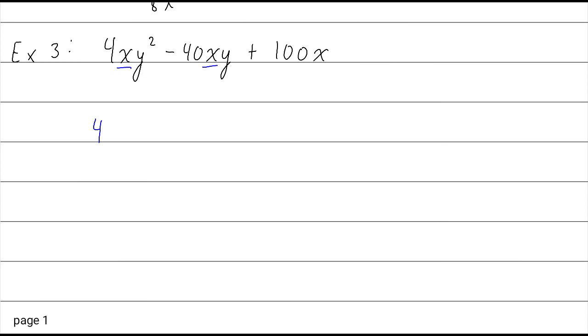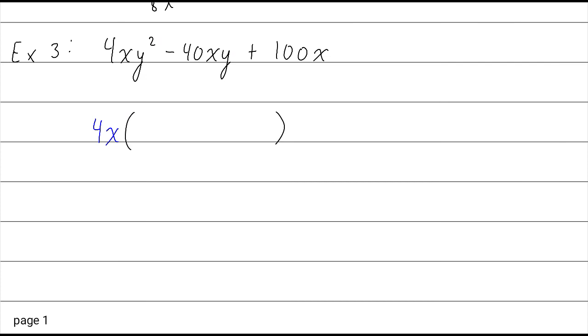X, x, x, they all have an x, so I'll put that with the 4. Then I look at the y's, but they don't all have a y. Also, this one has a squared, and this one is understood to be 1, so there's no other common factor. So 4x is the common factor. Then the question becomes what goes in the blank.